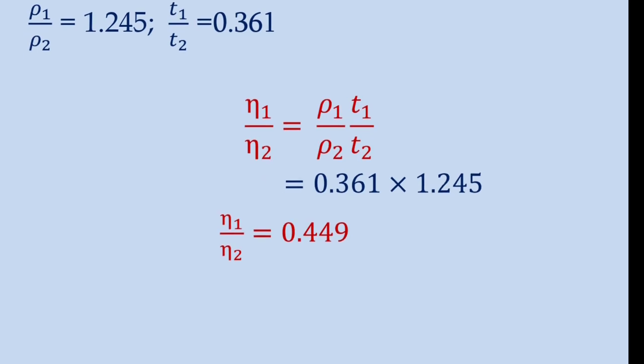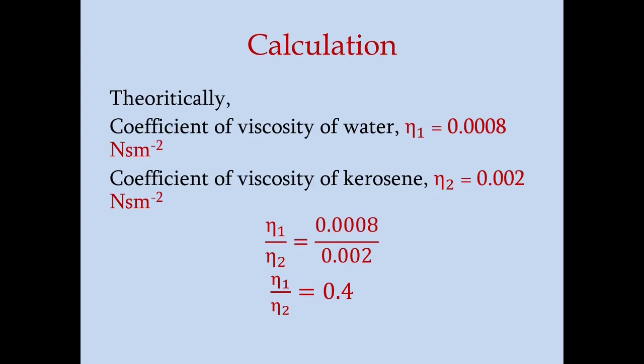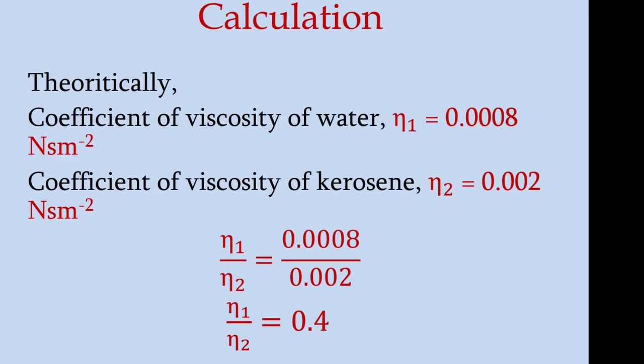So eta 1 by eta 2 equal to 0.449. This we got by experimental calculation. Theoretically, we know the standard value for the coefficient of viscosity of water is 0.0008 to 0.001.